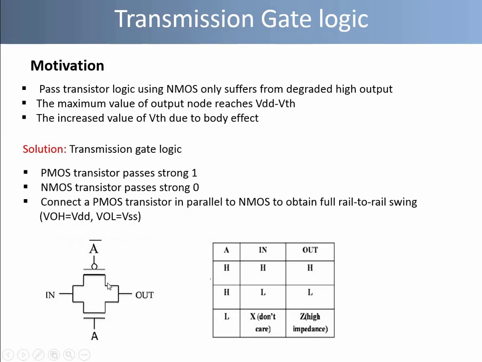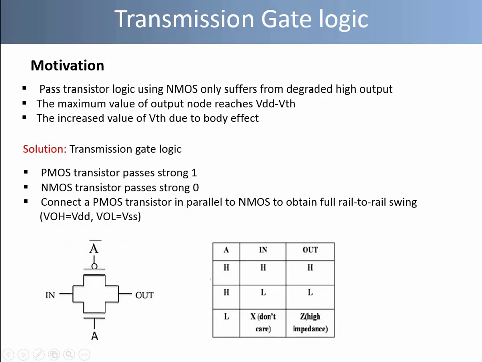Here we have a PMOS transistor and an NMOS transistor, and we connect the corresponding terminals of these two transistors together to make a parallel connection. The input is applied to one end of the transmission gate, and the control signals to both sides of the transmission gate must be complementary.